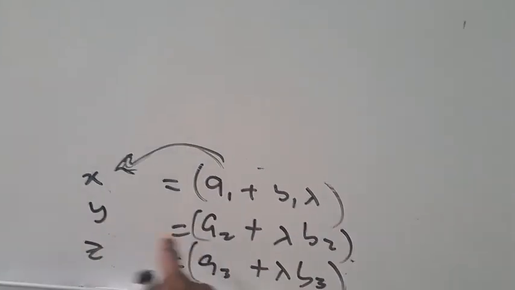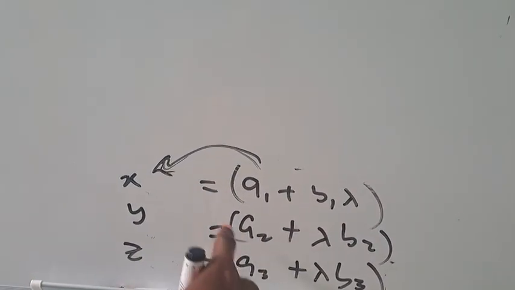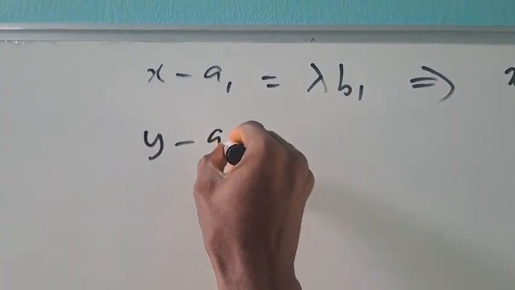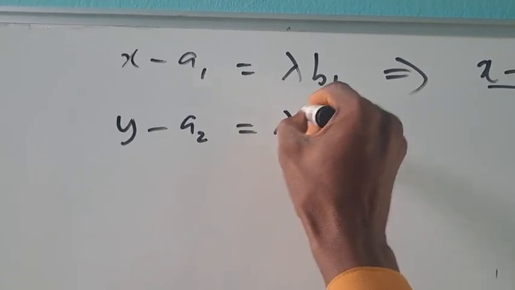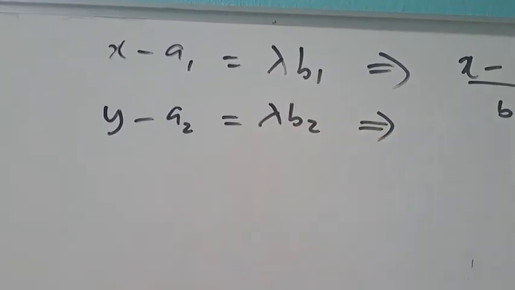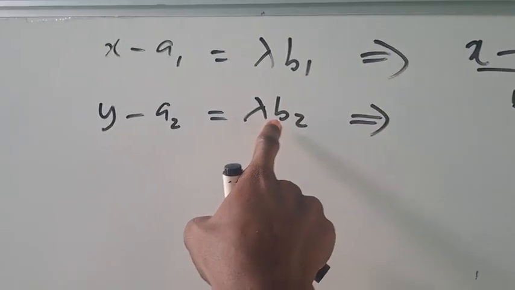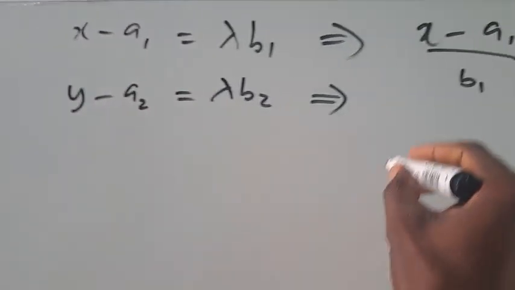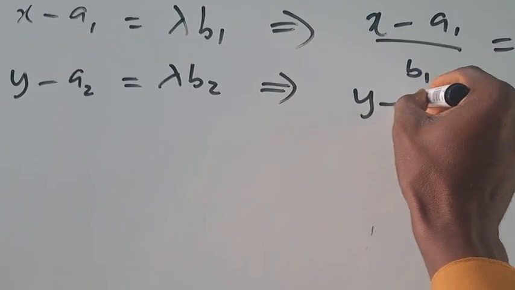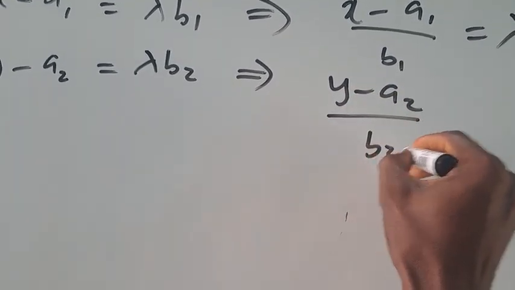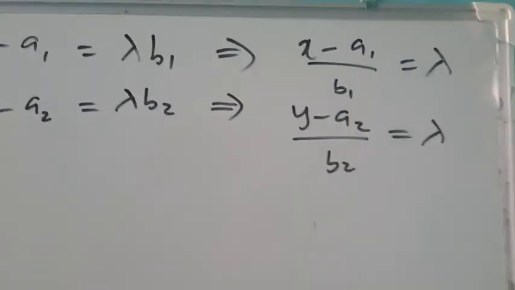Now for this second one, we have y minus a2 will now be lambda b2, which shows that b2 will go under to give us y minus a2 over b2 equals lambda.